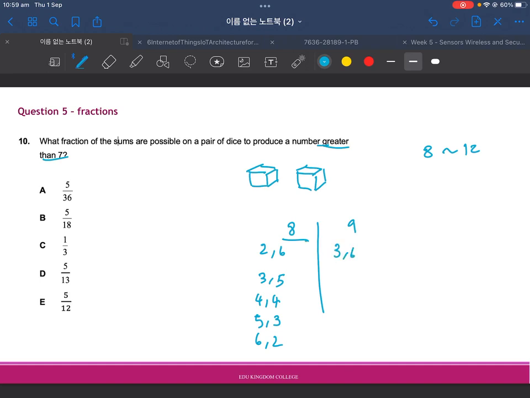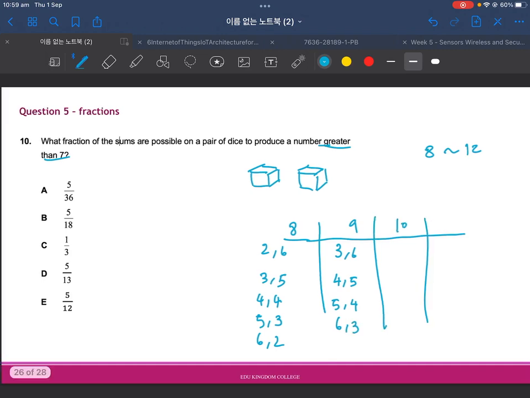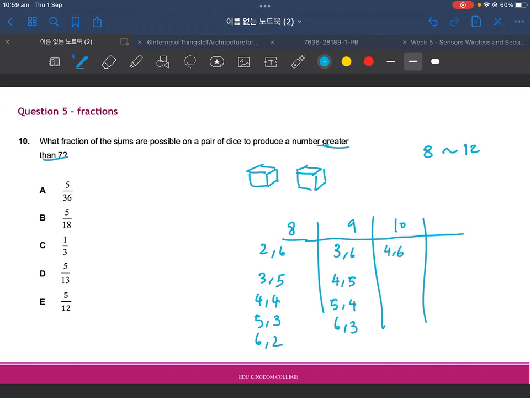Then for 9, we have 3 and 6, 4 and 5, 5 and 4, and 6 and 3. Now let's have a look at number 10. We have 4 and 6, 5 and 5, and 6 and 4. Let's have a look at 11: 5 and 6, 6 and 5.